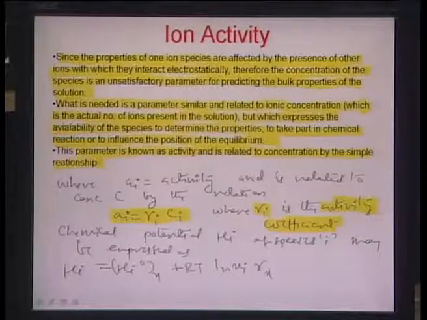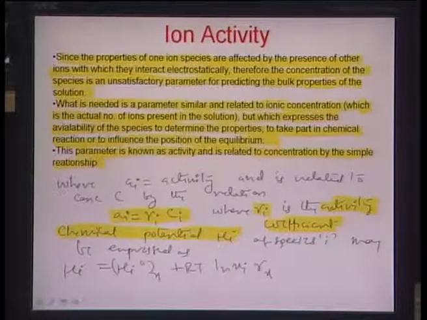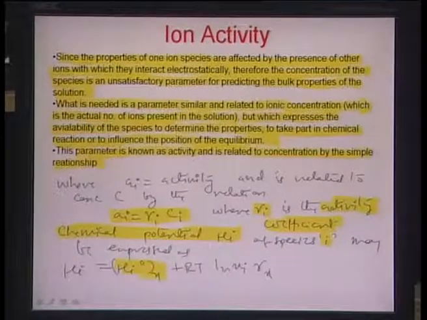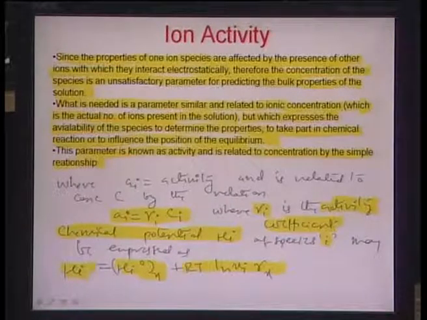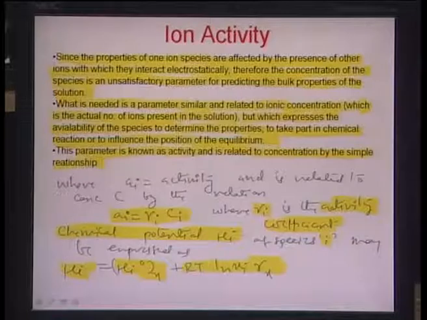The chemical potential, which is also the Gibbs free energy of a particular system, let us say mu i or delta G of the ith species, can be represented as mu i 0 plus RT ln of x i times gamma i.